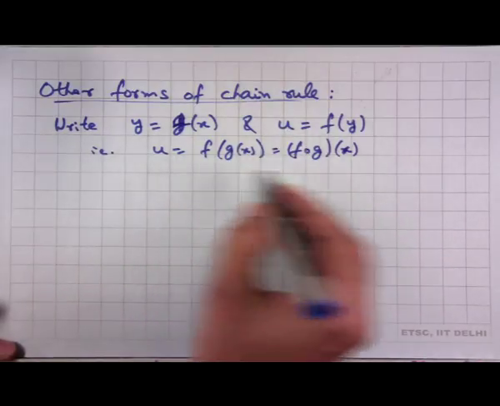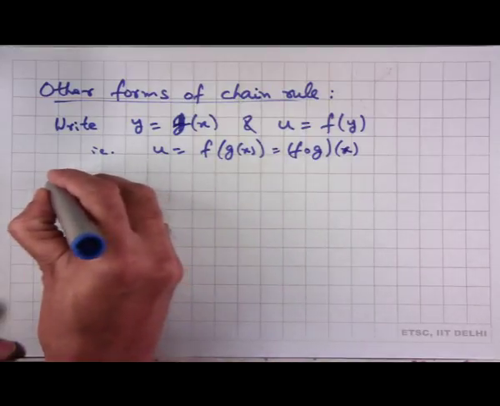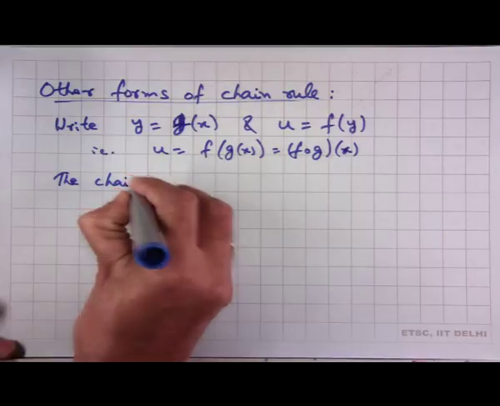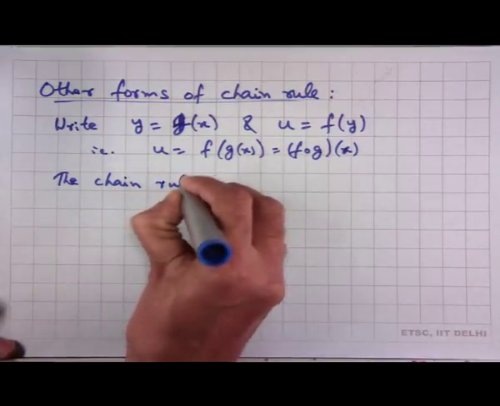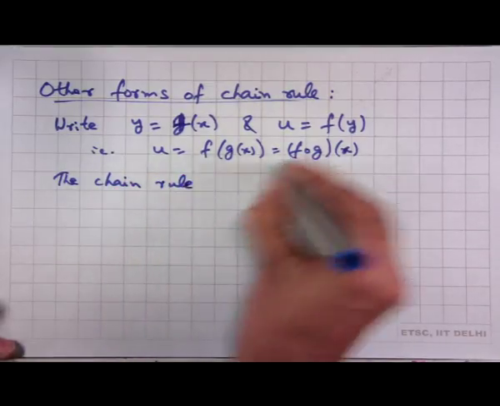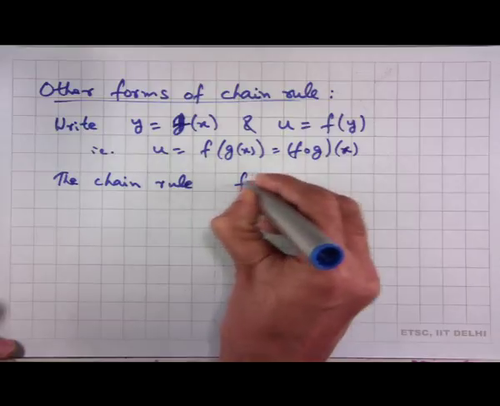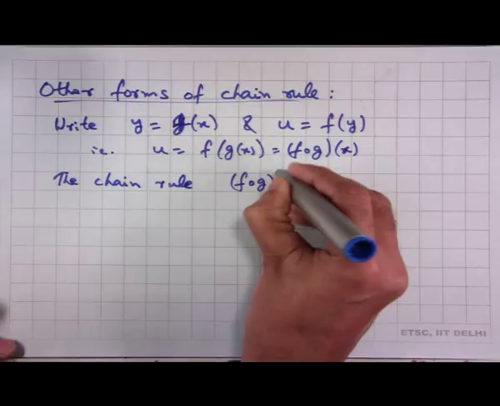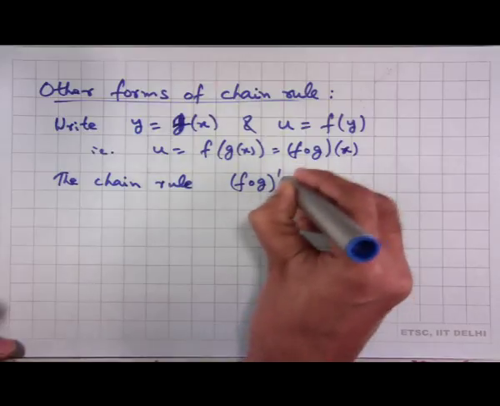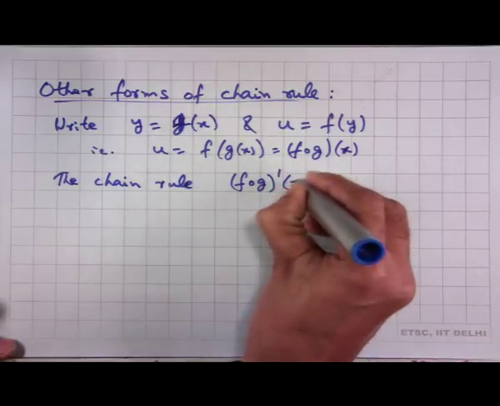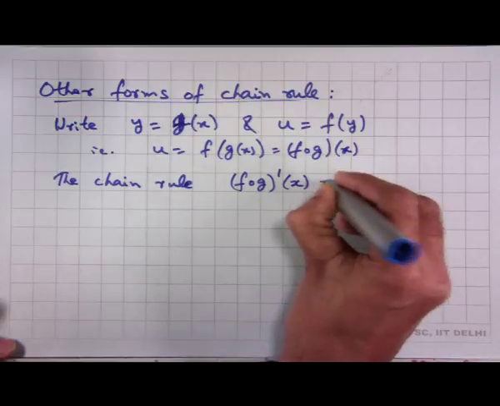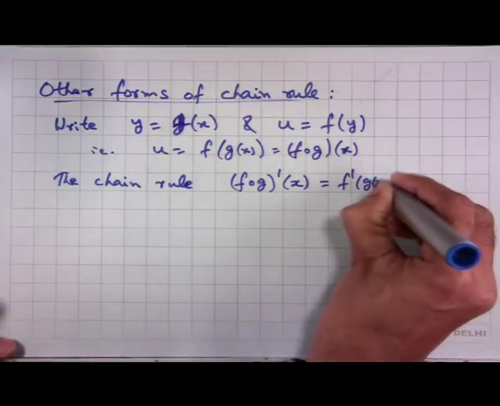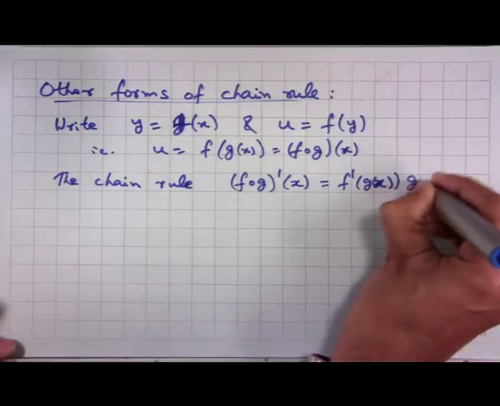Then the chain rule says that if g is differentiable at x and f is differentiable at g of x, then f compose g prime at x is equal to f prime of g of x times g prime of x.